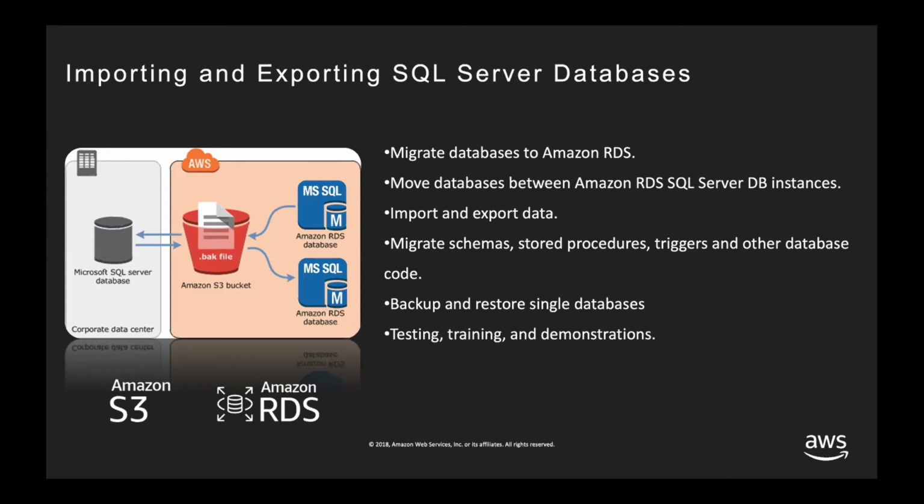It uses those .bak files, and it's a full backup and a full restore into the RDS SQL database. It's pretty straightforward in terms of the process. You're going to get your schemas, your stored procedures, your triggers, and database code all there in your RDS instance.